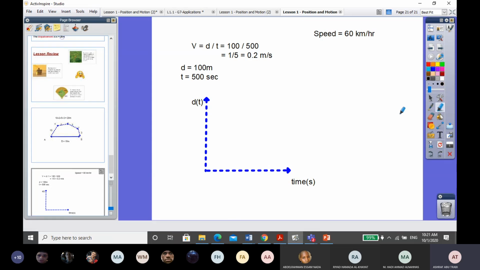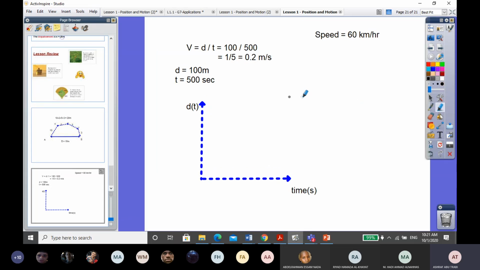Here I put the first point, the second point, the third point, which are the locations of my movement. I start from point A, then A prime, A double prime, A triple prime. This is an example, guys.